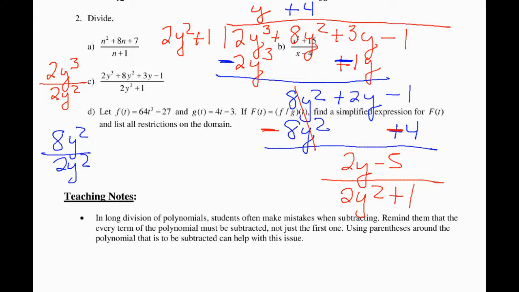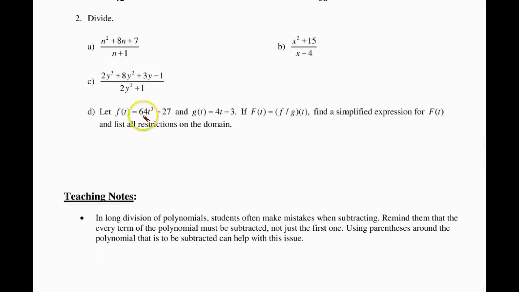Okay, let's go on here. Now our last one is a function where we're going to divide this by this, and that's what they show here. This divided by this. So this is what we have over here, 4t minus 3 divides into, now lots of missing places here.